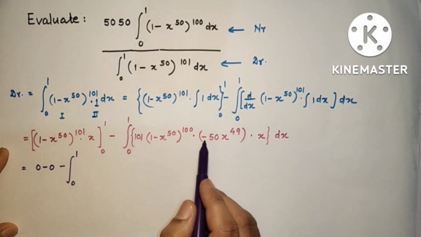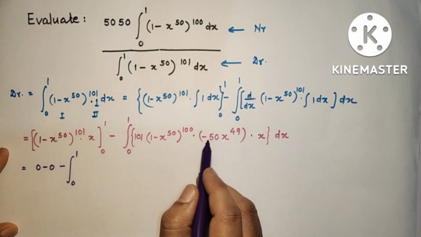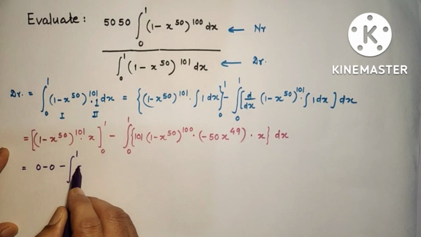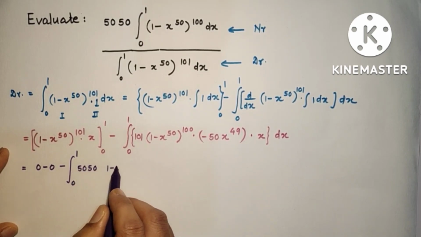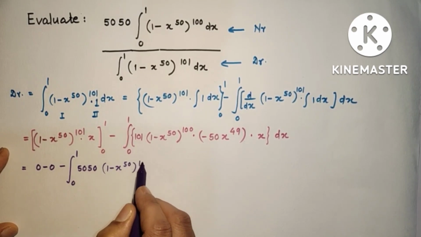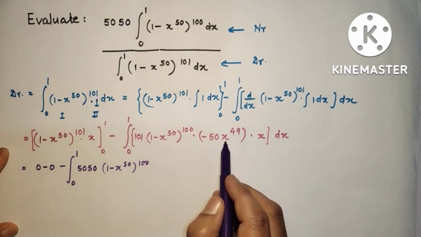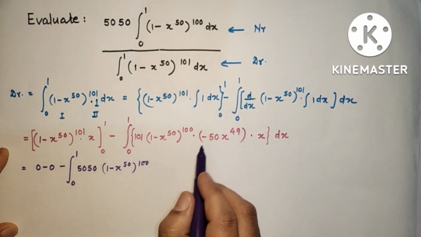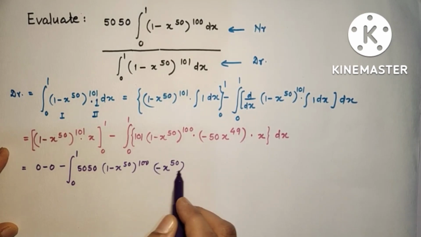This 101 and this minus 50, if we multiply, so 50 and 101, so 50, 50, (1 minus x raised to the power 50) raised to the power 100, and if we multiply this x in this x raised to the power 49 and minus, it is minus x raised to the power 50 dx.